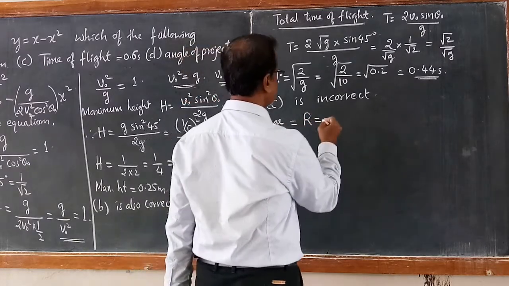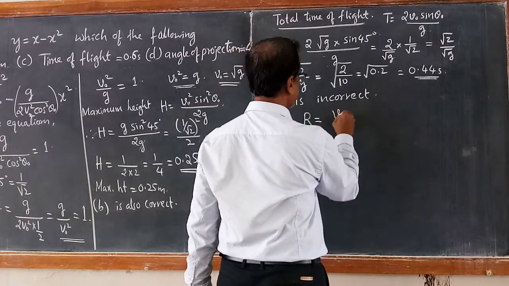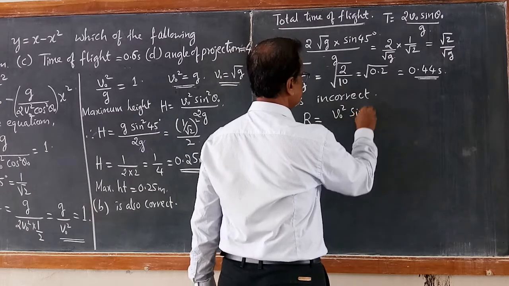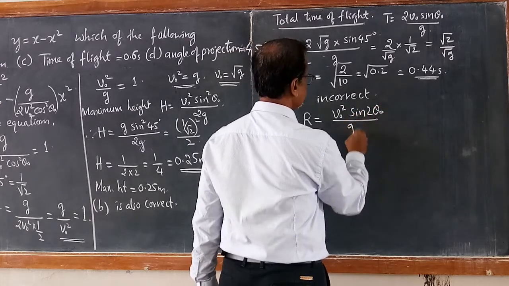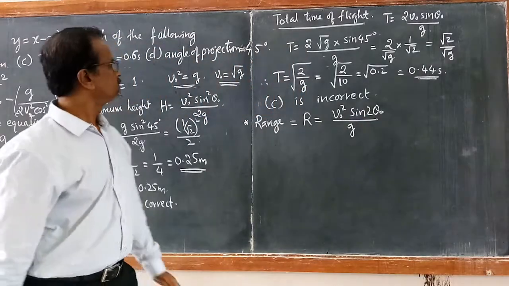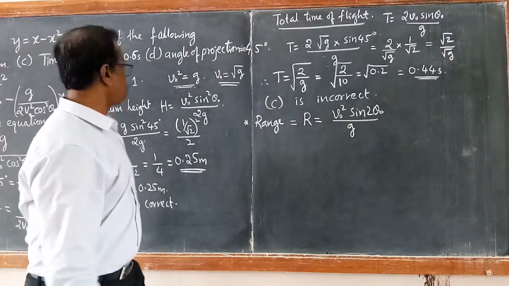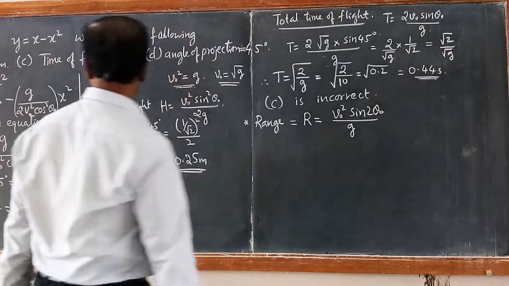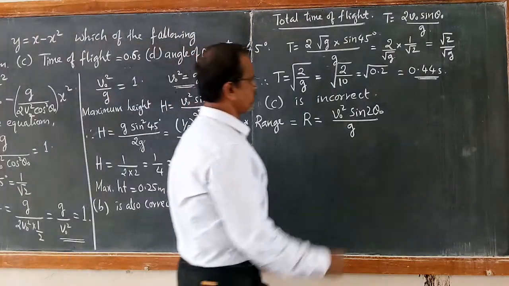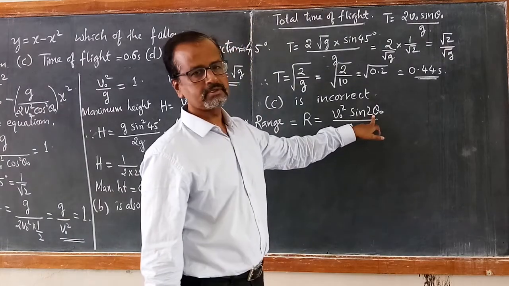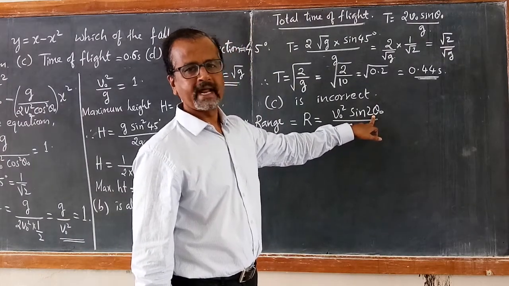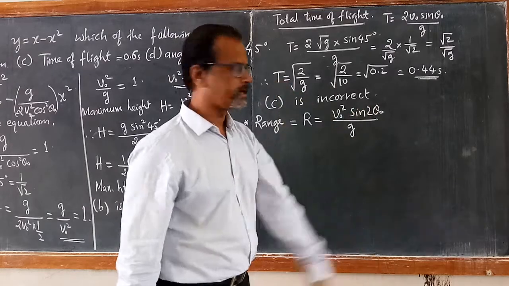So if you denote range as R, then we know R is V naught square sine 2 theta naught by G. So if you substitute the value of theta naught equal to 45, 2 into 45 becomes 90. So sine 90 becomes 1.